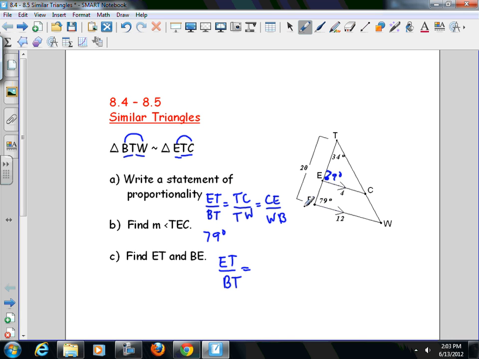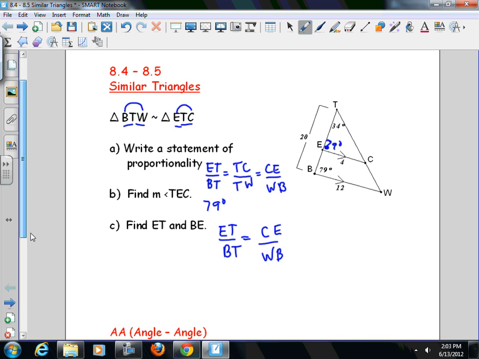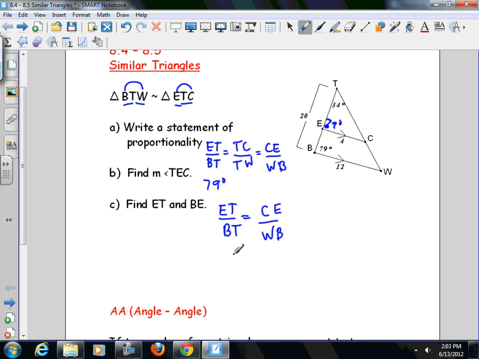Let's see what other sides we know. We do know side CE, and we know WB, and that's part of our statement of proportionality. So ET over BT is equal to CE over WB. Now we're just going to fill in the numbers. That's all that's left to do.